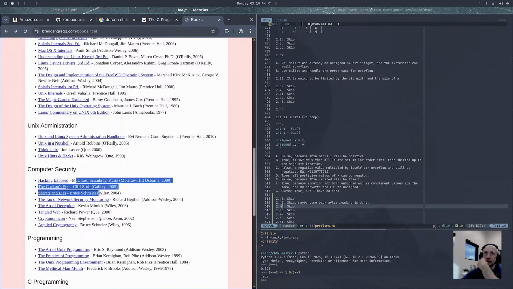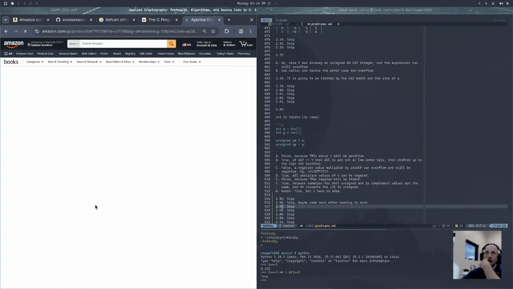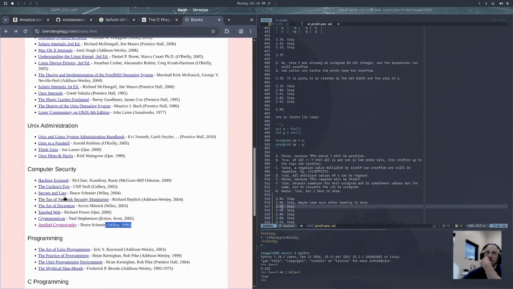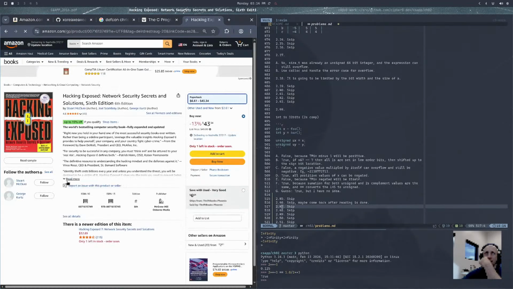These are some of the ones that he recommends, like Hacking Exposed. I've never actually read any of these. Applied Cryptography I've heard of, by Bruce Schneier. But this is very dated. Yeah, the most up-to-date book he has recommended here is Hacking Exposed.